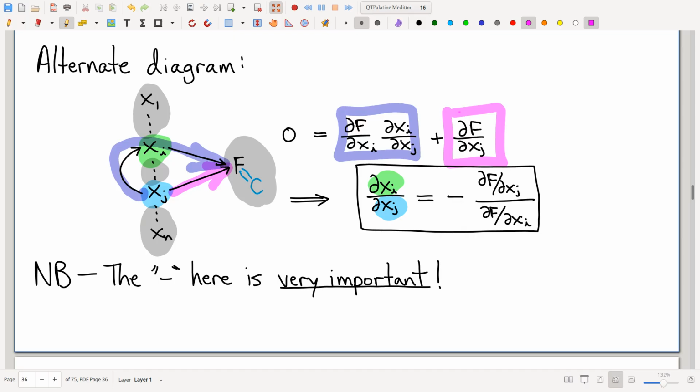These are supposed to be opposites of each other, and therefore they add up to 0. They're supposed to be opposites of each other because f can't change. The whole point is that these have to cancel because f can't change. However much the dark blue one suggests f would be changing, the purple one has to contribute exactly the negative so that f will not change. So these two things should be negatives of each other, therefore that should be a plus, and therefore this should be a minus.